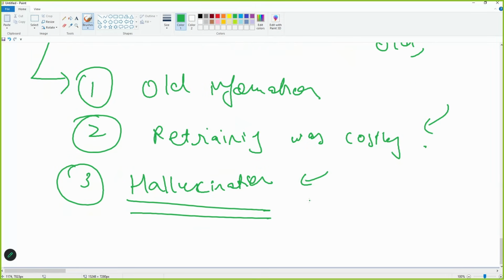And what does this word hallucination mean? Giving a wrong response. Okay, we are asking, tell me about the courses you offer at your organization. And the chatbot replies, this is how to make a coffee, which means the question and answer are nowhere relevant. This means the chatbot is hallucinating.